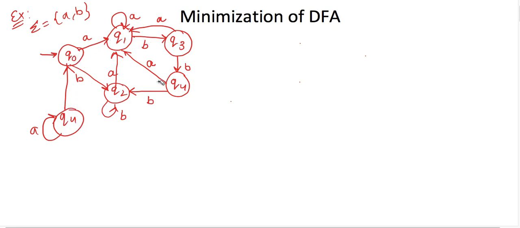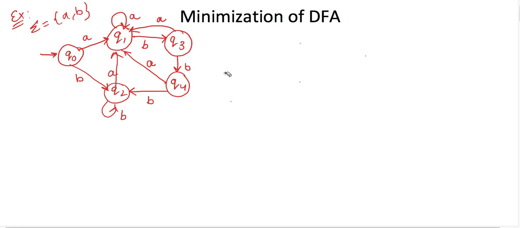No. There is no way to reach Q4, neither by traversing any state nor directly. So the first thing is to remove it. For minimization, the first rule is: remove the state which is not reachable from the initial state.